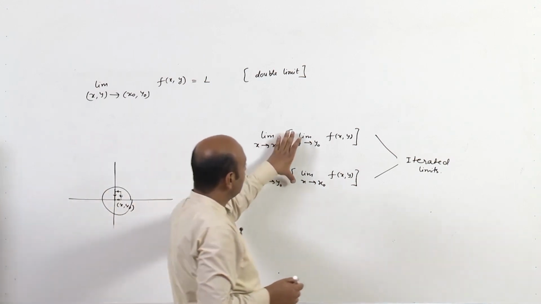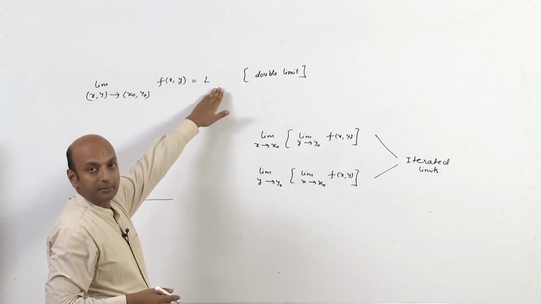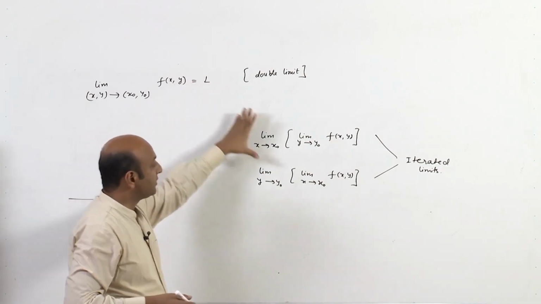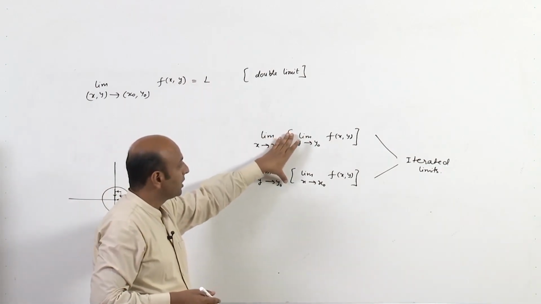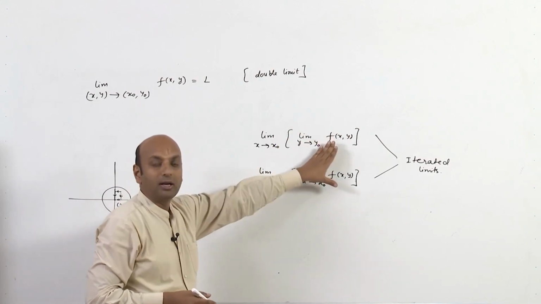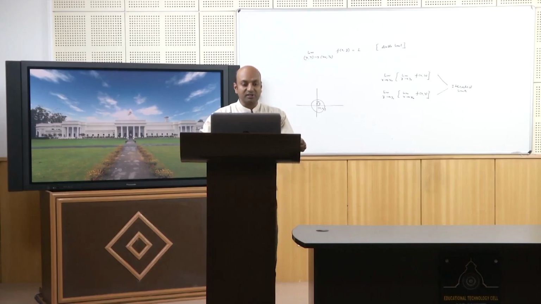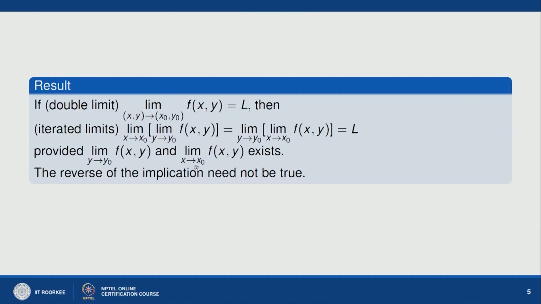Now if this limit exists and is equal to L, then the value of the iterated limit is also equal to L, provided the limit y tending to y naught of f(x, y) and the limit x tending to x naught of f(x, y) exist.